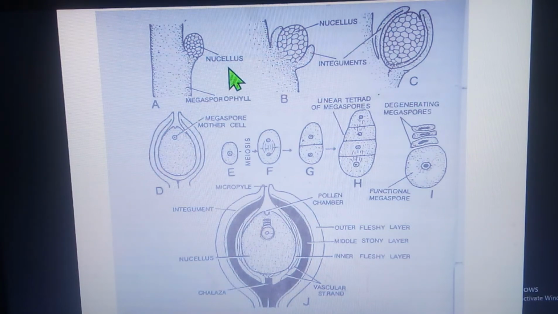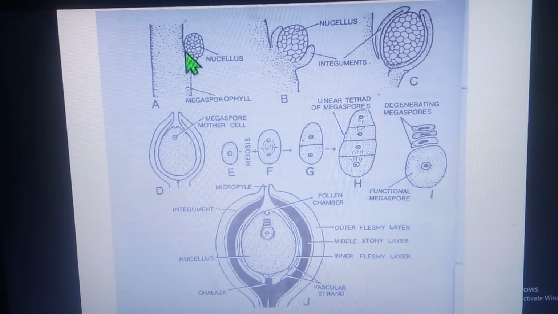So first we have the hypodermal initial cells. These group of initial cells, 4 to 6, on the axis of a young Megasporophyll, begin to divide and redivide until they form a small outgrowth which gradually increases in size and forms the nucellus.